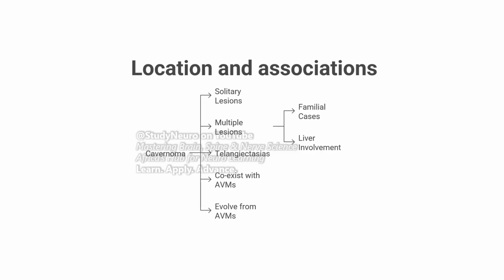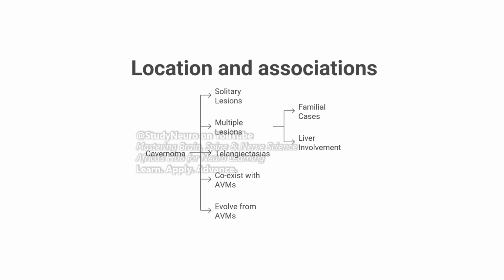Intracranially, they are commonly found in the subcortical white matter, pons, basal ganglia, and cerebellum, and rarely in the third ventricle or dura. Spinal lesions may involve the vertebral bodies, epidural, intradural, and rarely intramedullary spaces.